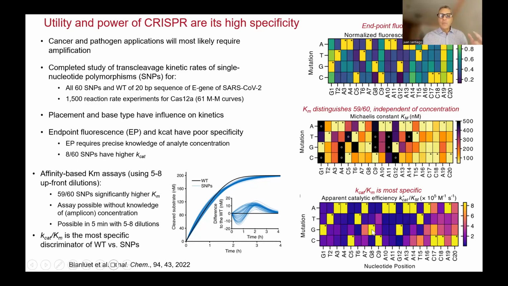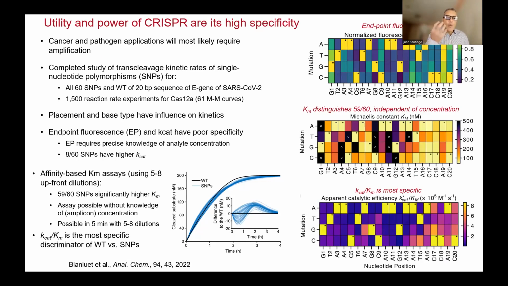What we have shown is that the most specific measure of whether you have wild type or mutation is not the absolute value of the signal. In fact, that often gives you the wrong conclusion. It's in fact Kcat over Km. So we advocate that you can make assays based on the kinetic rate measurements of the system.